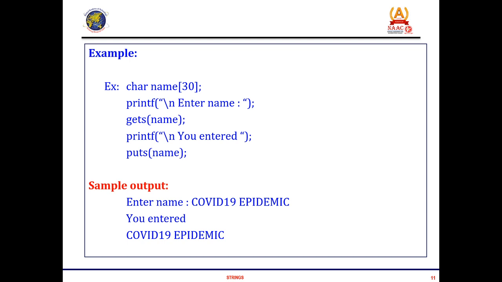The way scanf and printf are prototyped in stdio.h, similarly any library function you use for strings is prototyped in string.h. Hence it is mandatory to include the header file string.h before the start of your main program.